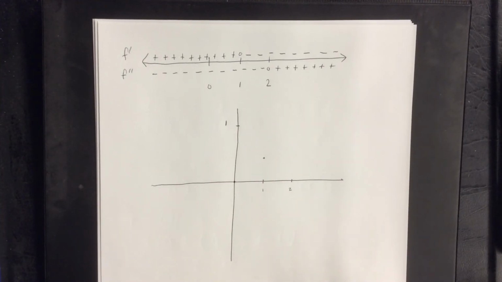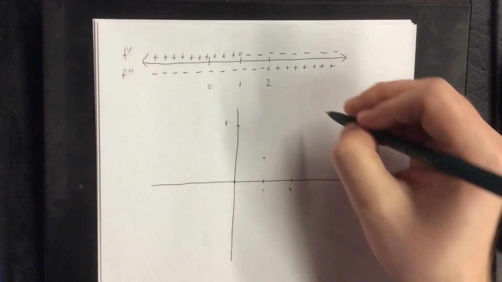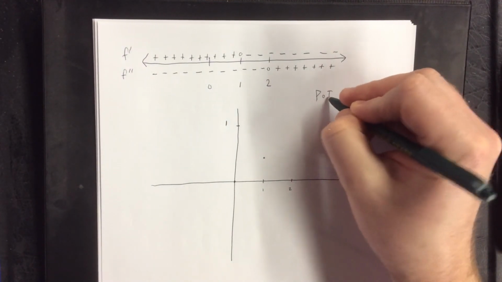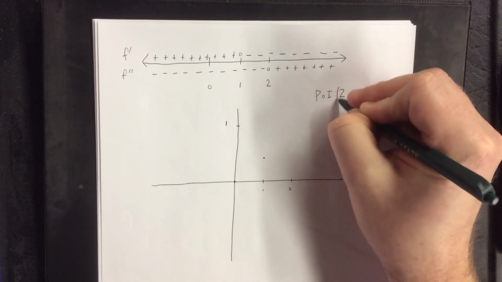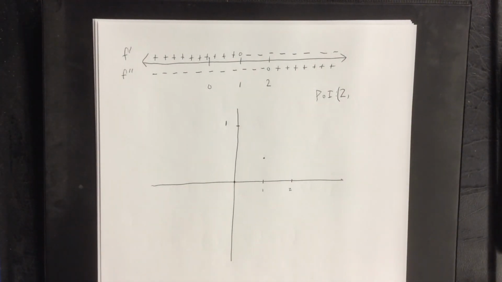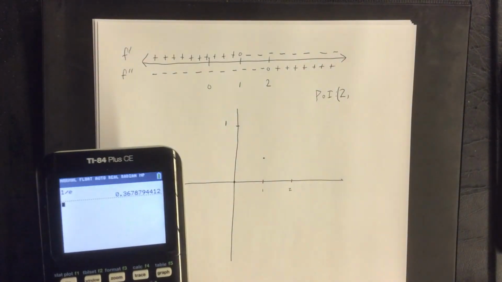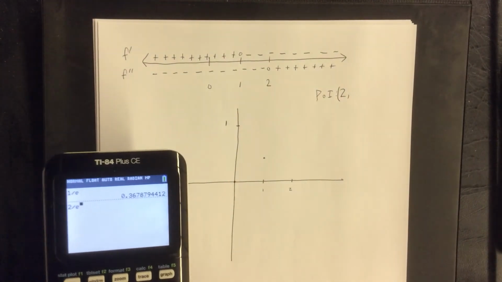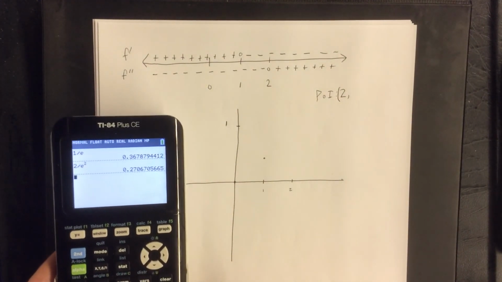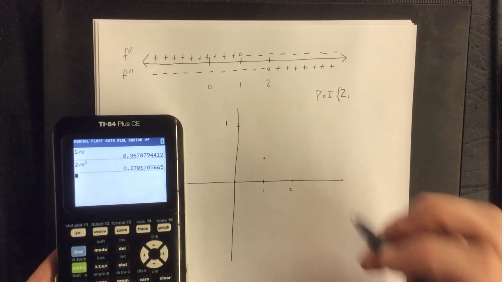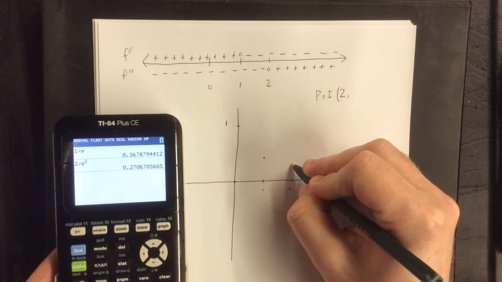For our point of inflection, if I were to take x equals 2 and plug it into the original function, I would get 2 times e to the negative 2 power, or 2 over e squared. You can see that that's a little bit smaller than the y value that we had just gotten, so that'll be right about here.